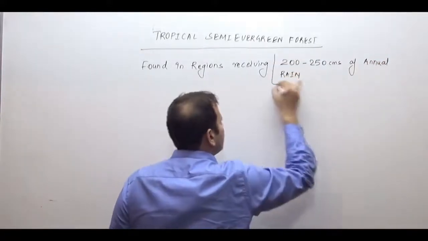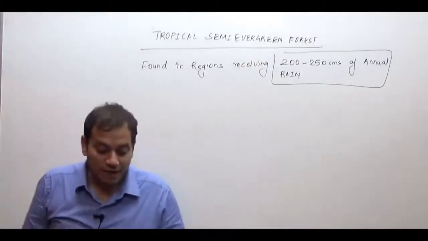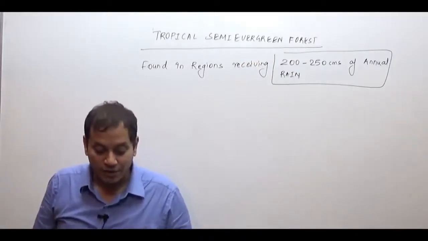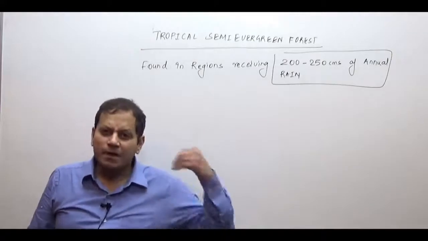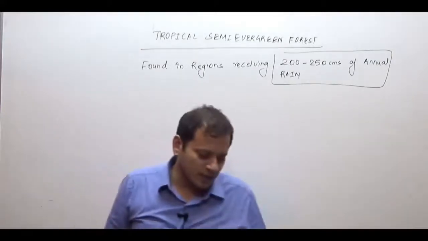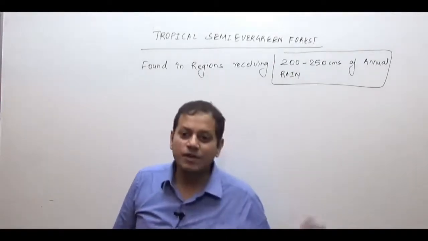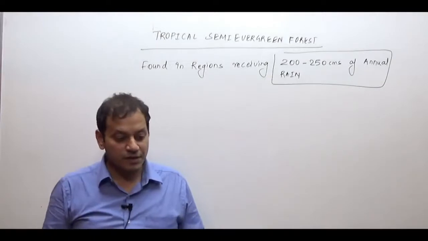So what is the point you should remember? 200 to 250 centimeters of average annual rainfall. So even this region has high relative humidity, even this region has high temperature, but the rainfall is between 200 to 250 centimeters.